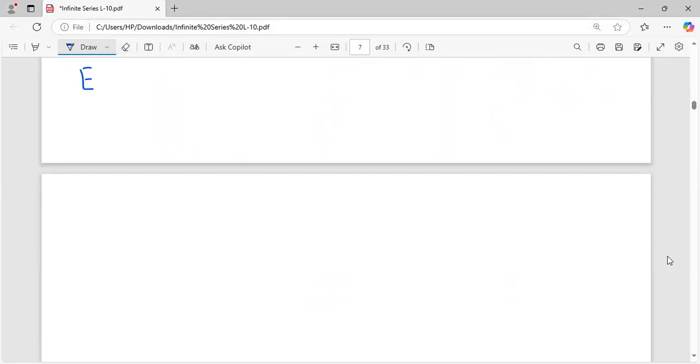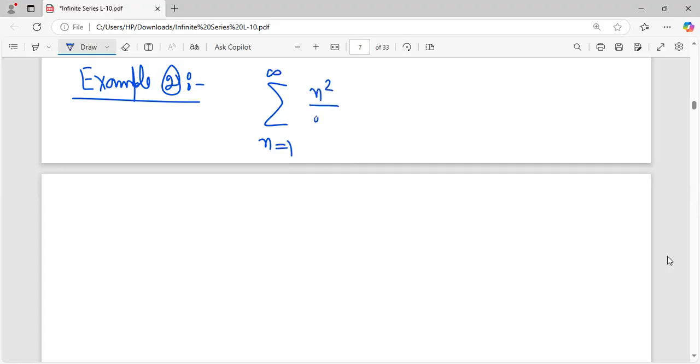Now example 2. This series, n square over 2 to the power n. So a_n is equal to n square over 2 to the power n.